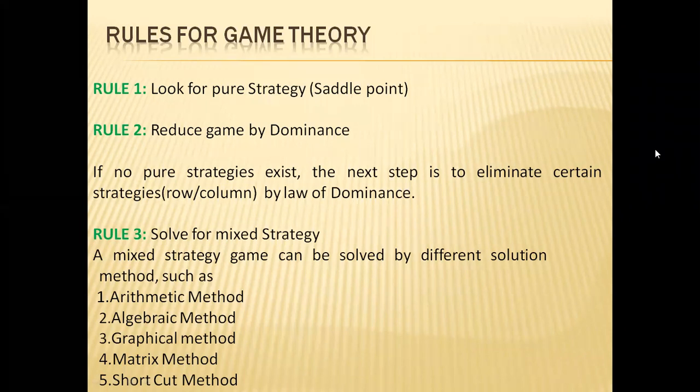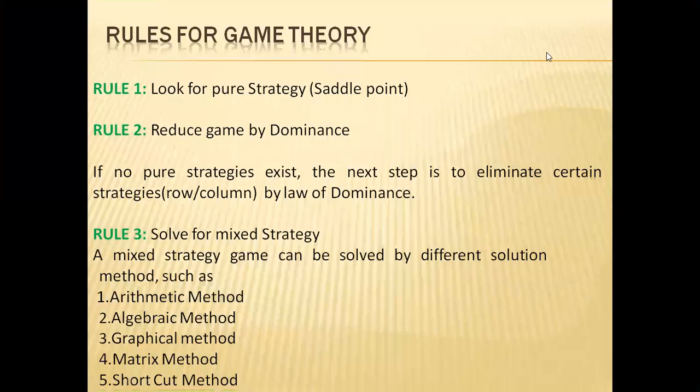It involves that if there is no pure strategy existing, then you have to move to the next step, that is, eliminate certain strategies, rows and columns, by the law of dominance. The law of dominance means minimization of the rows and columns as per the constraints.